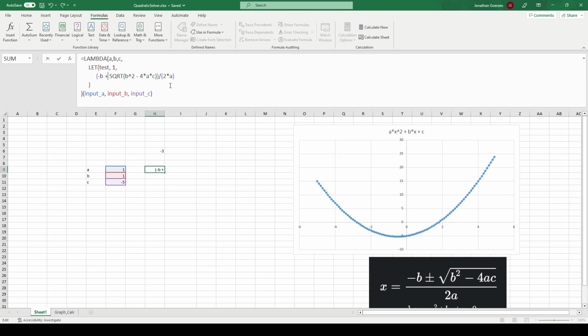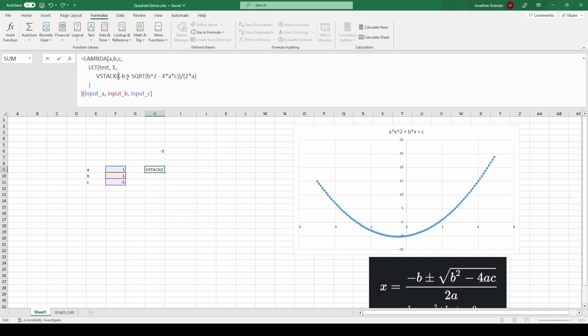The great thing is that Excel will allow us to output things as a dynamic output, or a dynamic array output. So in order to capture both parts of this equation, the fastest and easiest way to do that is to say, I want a V-stack, or a vertical stacked output.